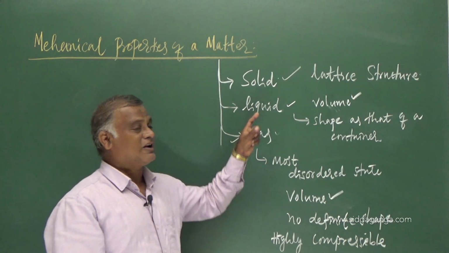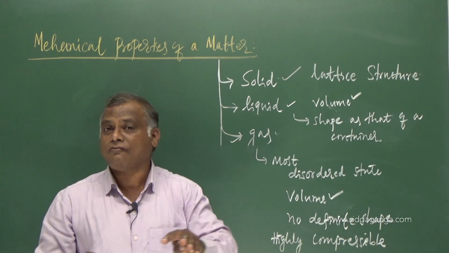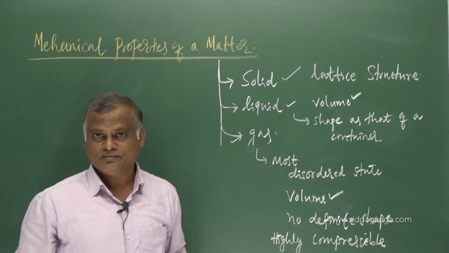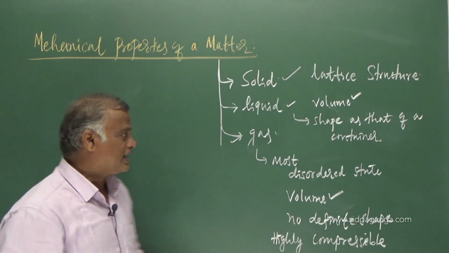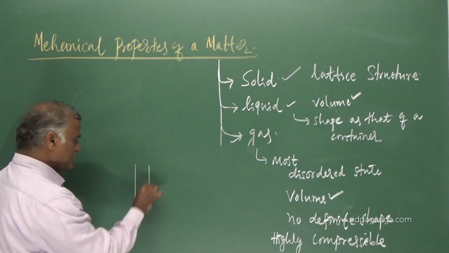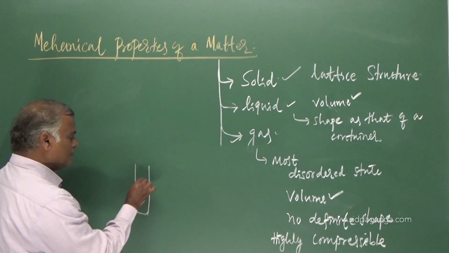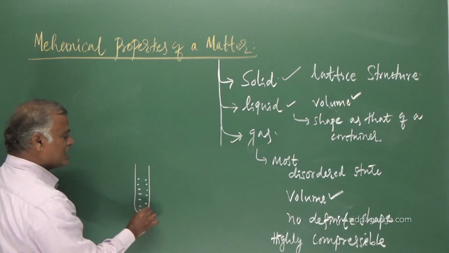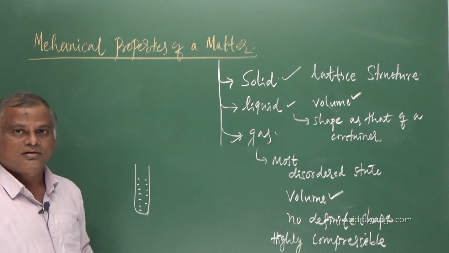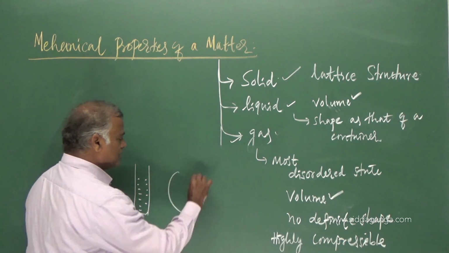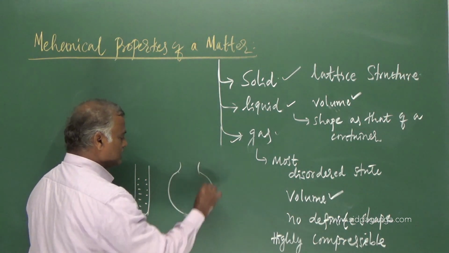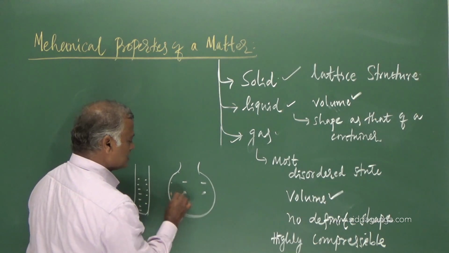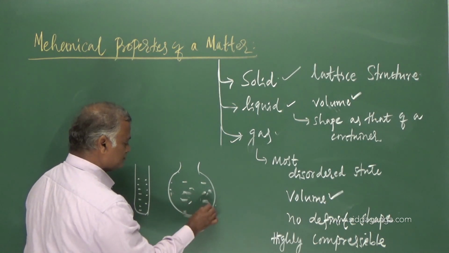Means liquids do not have a well defined shape. If I take a beaker of U shape and fill water, it will take a U shape. If I take a container of circular shape, it will take the shape of the container, the pot.